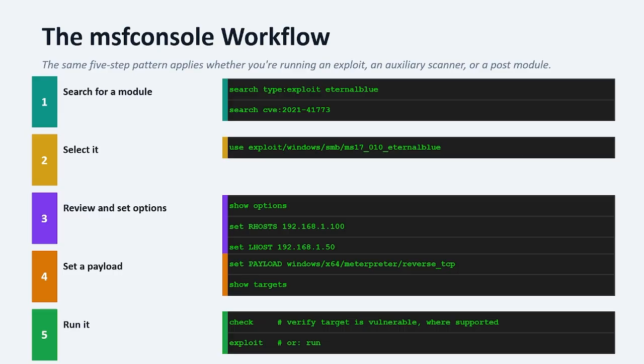If so, then it is likely vulnerable to this. And then exploit will actually run the exploit code, and if everything works, then you will either get a reverse shell or you will get other information from that particular exploit. And so you'll do this for all sorts of different types of vulnerabilities and ways of attacking systems.